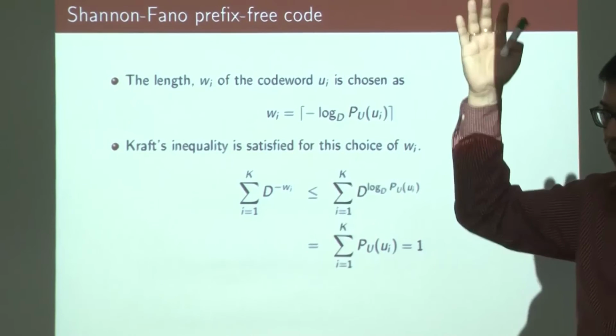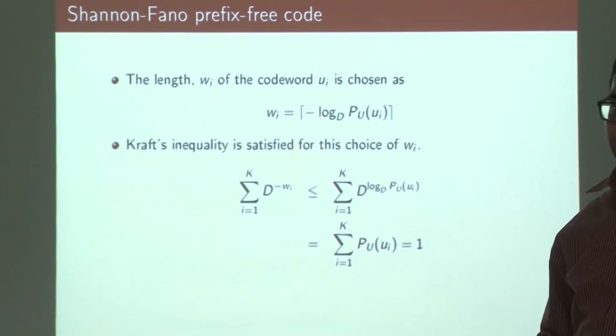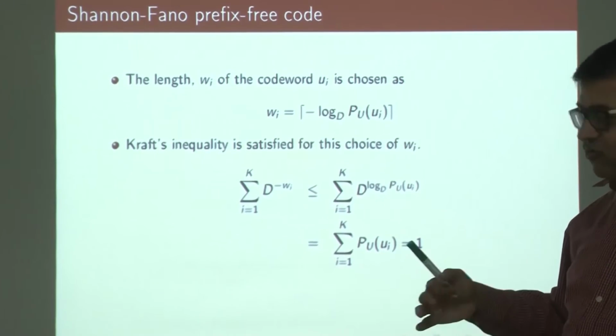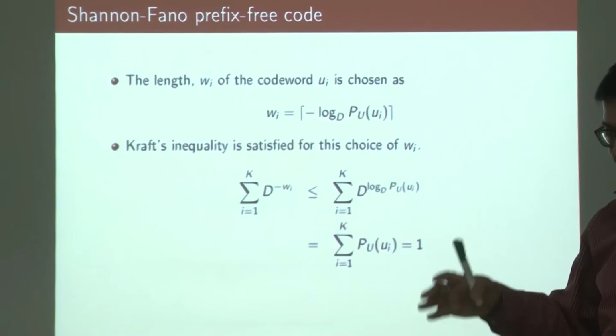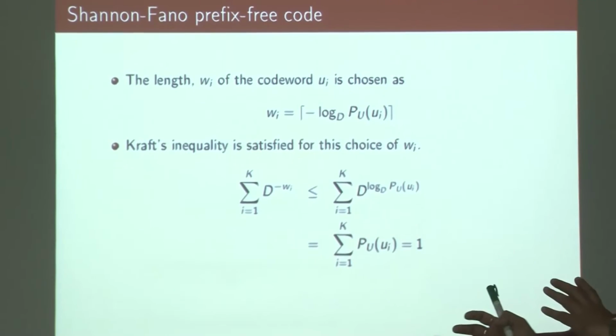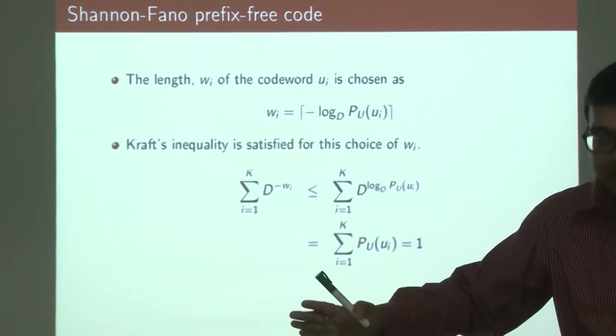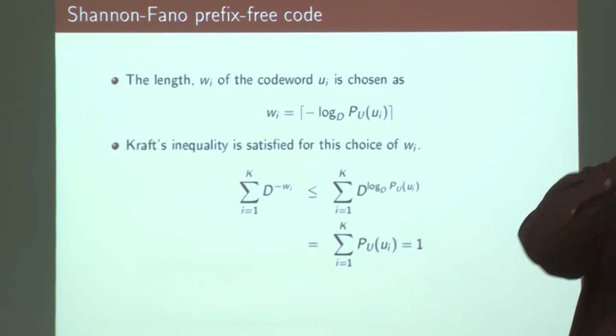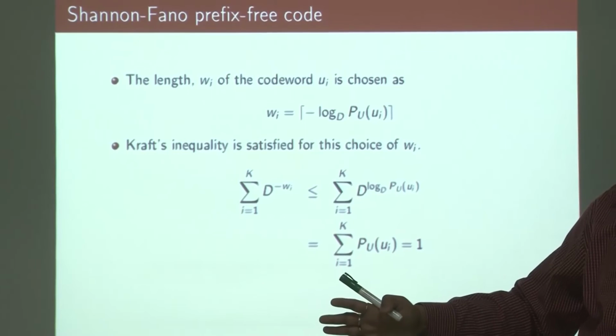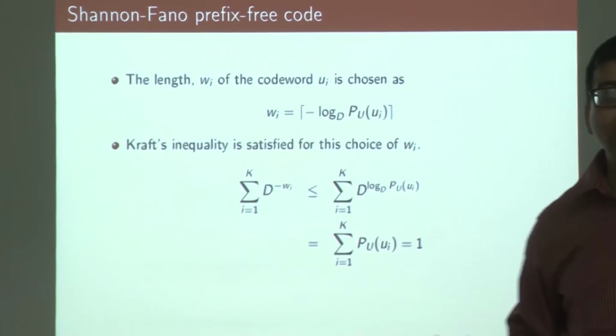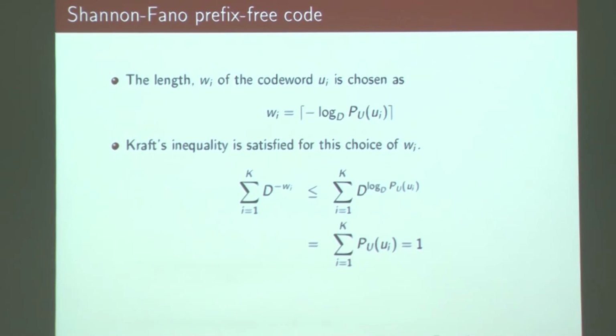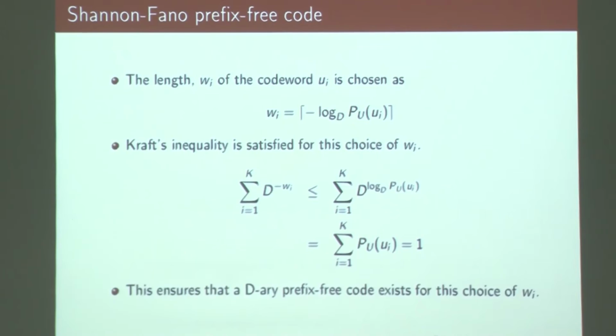Same procedure: you draw a full D-ary tree of depth n, where n is the max of w_i, and then you arrange them in ascending order and start pruning the tree, and you assign your code words. Then you label the branches of your tree. That is how you can get the prefix free code, which is basically your Shannon-Fano prefix free code.